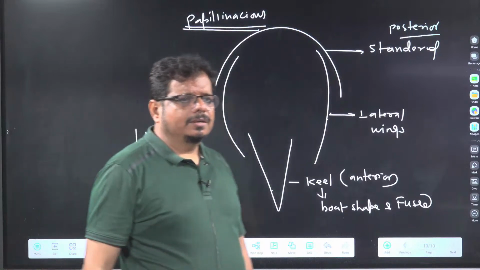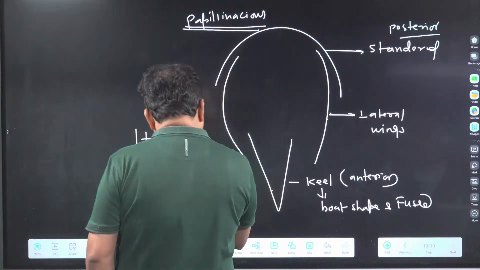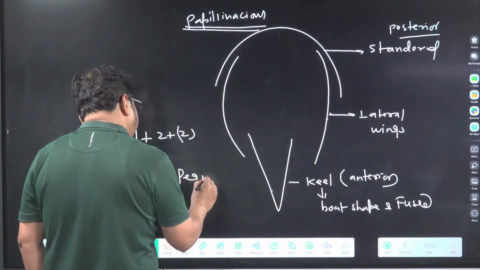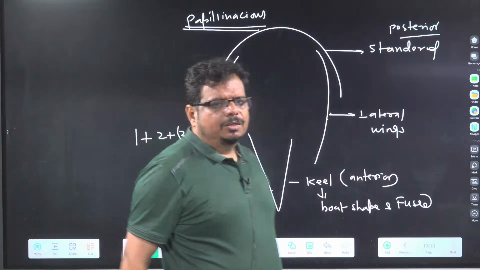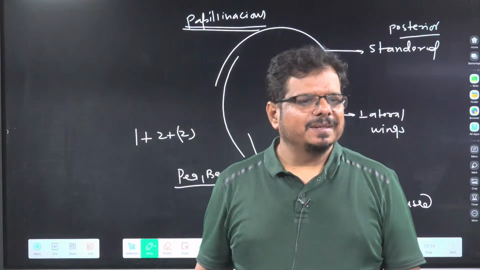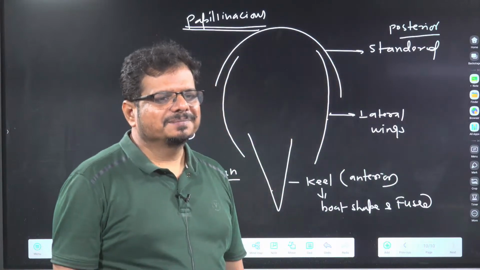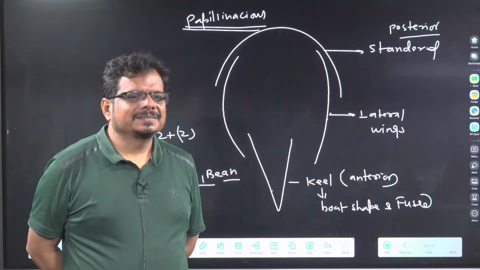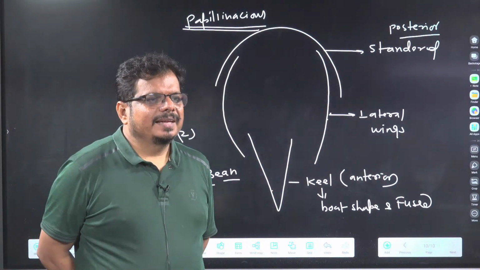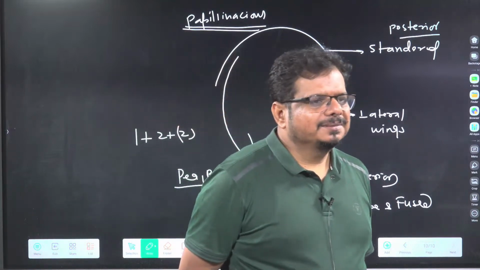Understanding the idea or not? And a beautiful example of that condition is which one? Pea and bean. Estivation is over. Is it done?